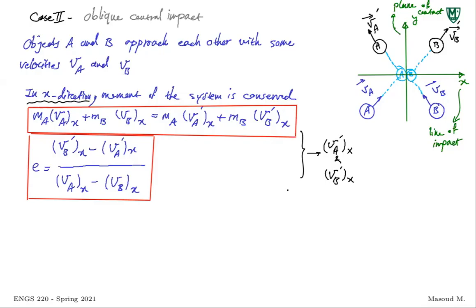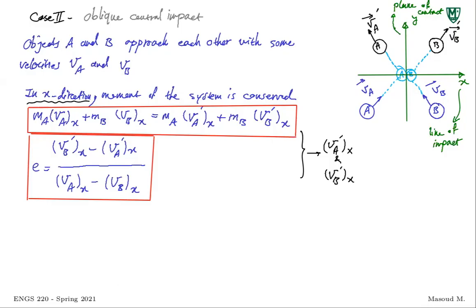Now, in order to know the velocities after the impact, obviously you also need to know the Y component of velocities. The good news is in Y direction, and if you're in three-dimensional space, even in Z direction, let's just stick to two-dimensional space, but the story is the same. In Y and Z direction, the momentum for each particle is conserved.